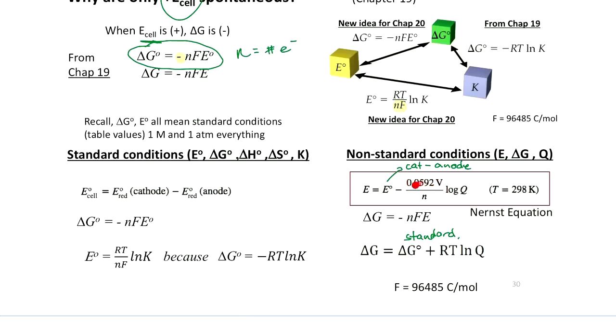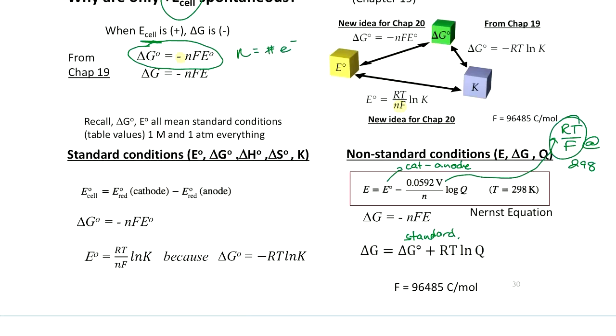This value right here, 0.0592 volts, is basically RT over F when T is equal to 298. So we just did the math for you. RT over F at 298 is just a constant as long as your temperature is not changing.